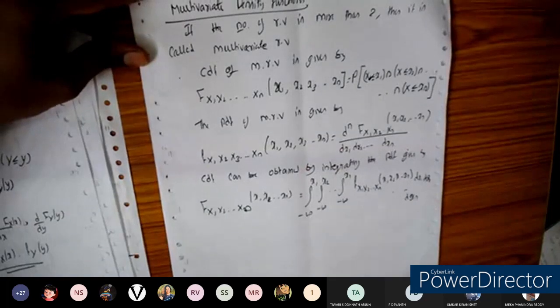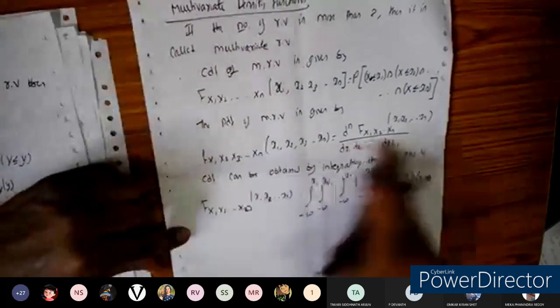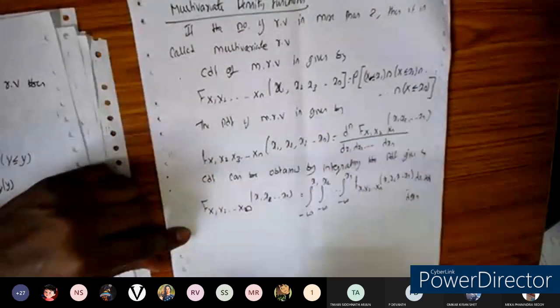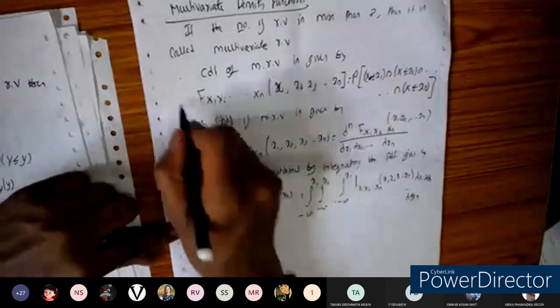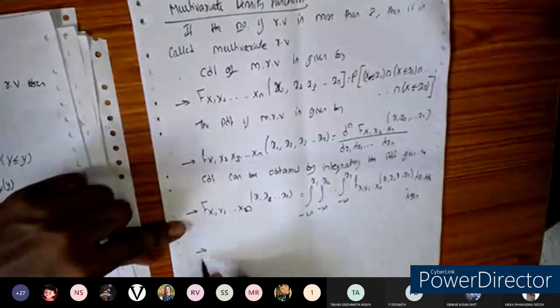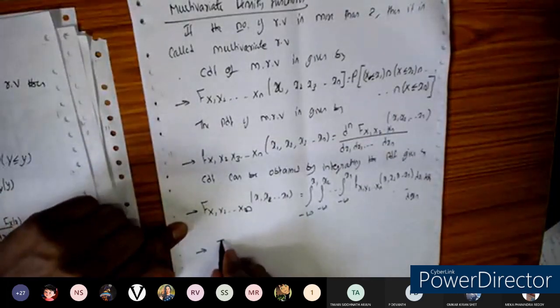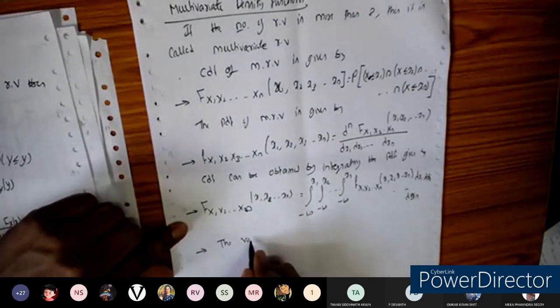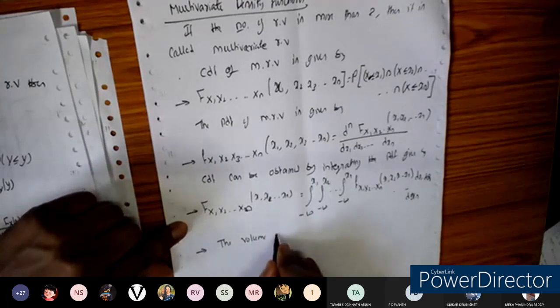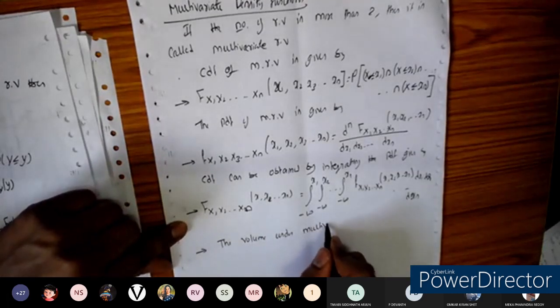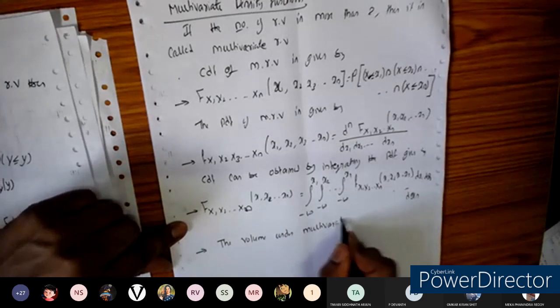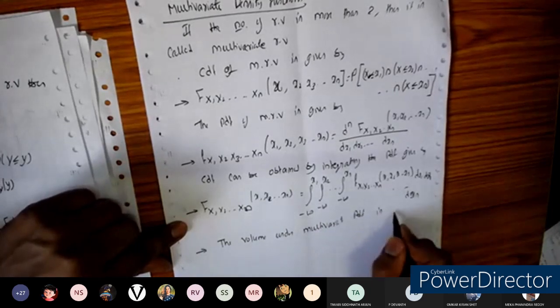So the volume under the multivariate PDF should be equal to 1. These are the different formulas we have seen.